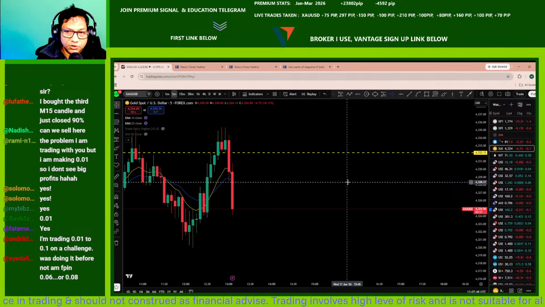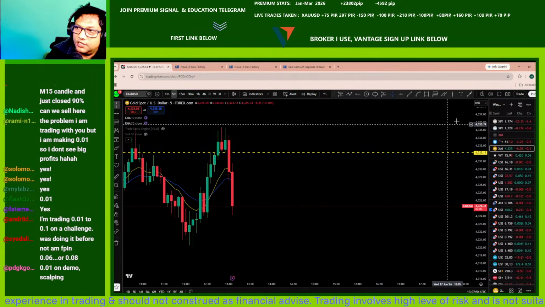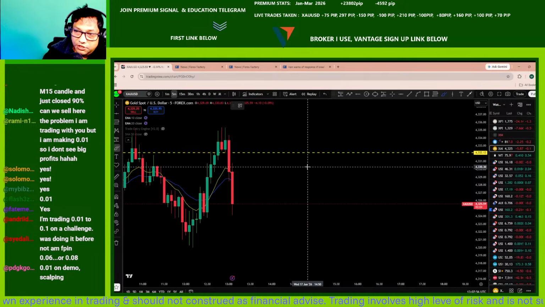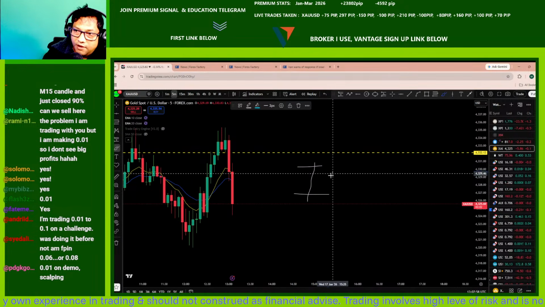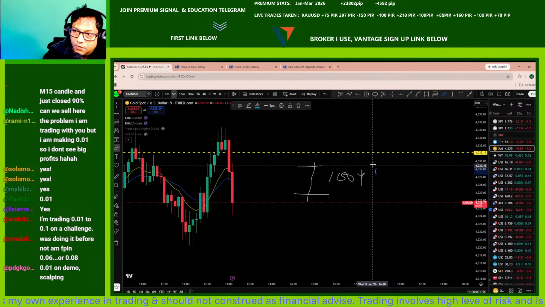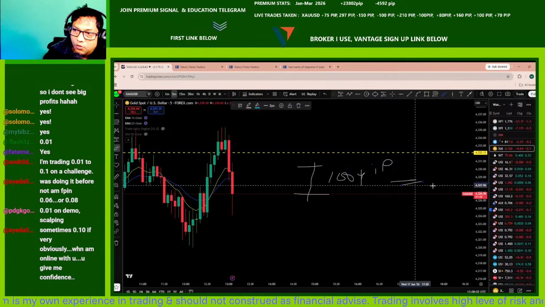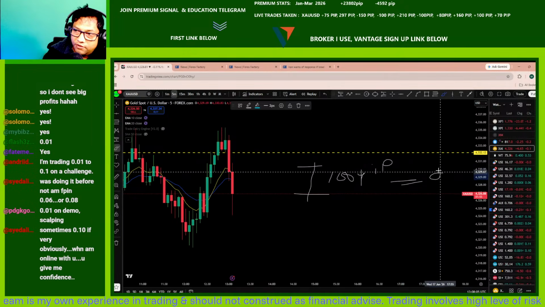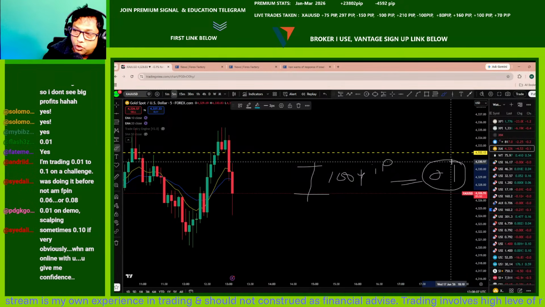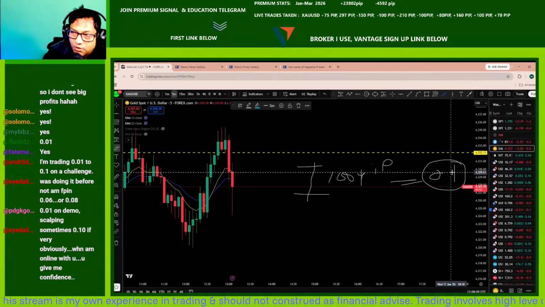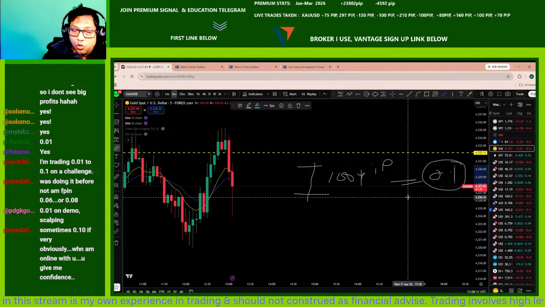What you can do, and this is what I did when I began, is this. I was finding it difficult to work out the lot size every time. So I created a chart where, especially on gold, for every 100 pips for my account size, I note how much lot. So let's say every 100 pips for my account size is 0.1 lot, then I have a quick idea.